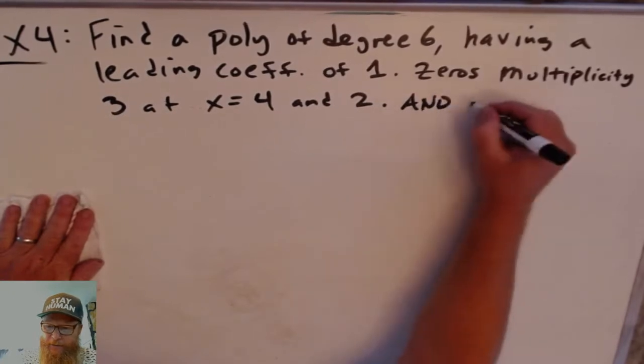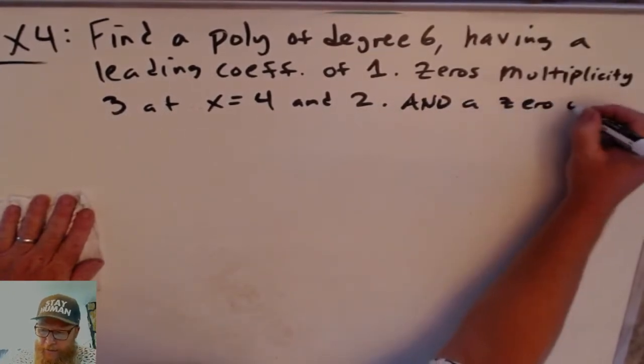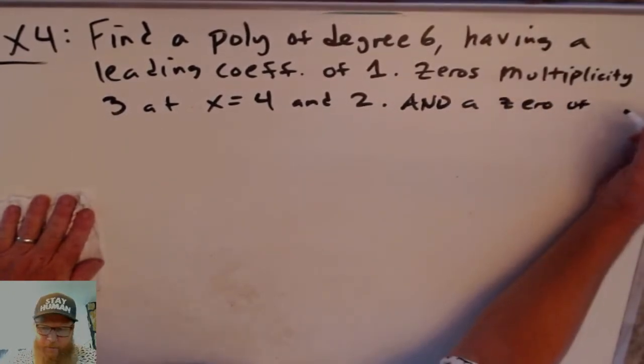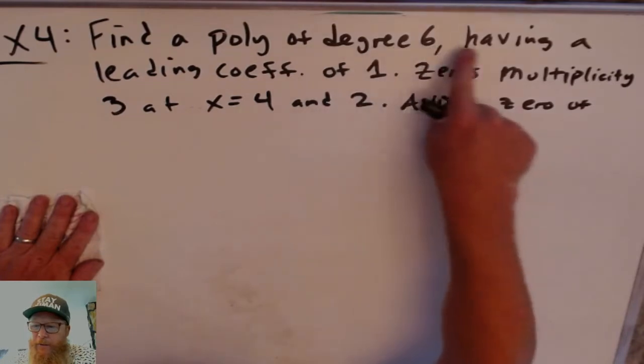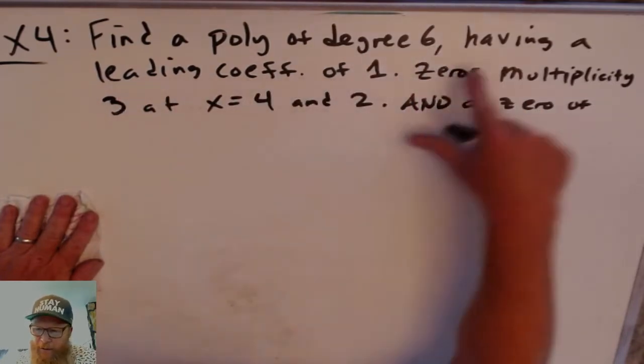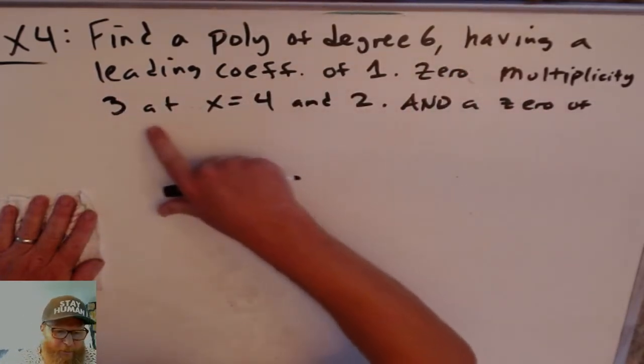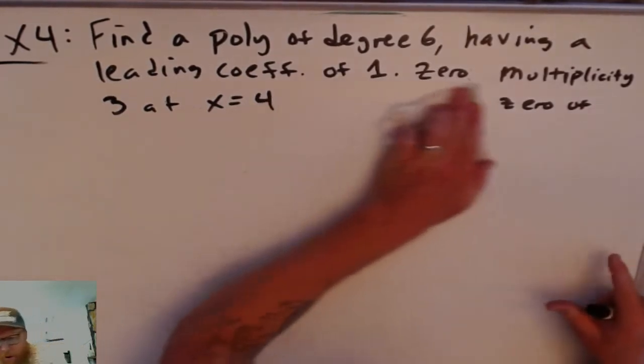Am I saying this right? Slow down, Dr. J. Find a polynomial of degree 6 having a leading coefficient of 1, a zero of multiplicity 3 at 4.